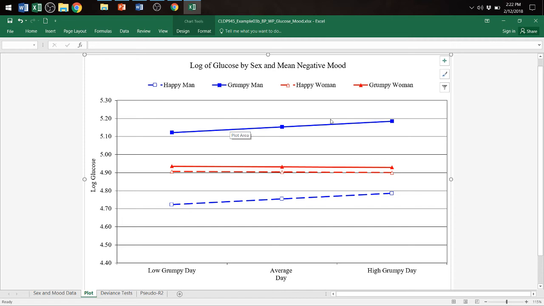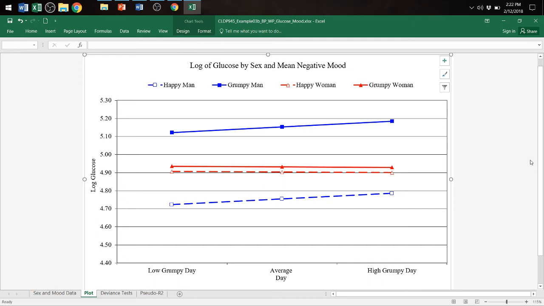So then the slope of these lines tells me what? The change in glucose based on previous day's grumpiness, yes, otherwise known as the within-person effect.